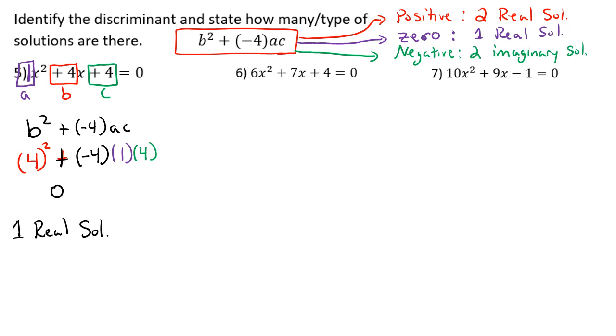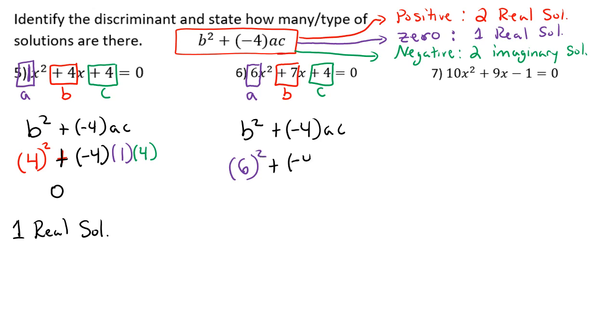Okay, looking at number 6, same idea. The number in front of x squared, that's the a value. The number in front of x is the b. And the constant is the c. So plugging into our formula, b squared plus negative 4ac, we will have 6 squared plus negative 4 times 6 times 4.